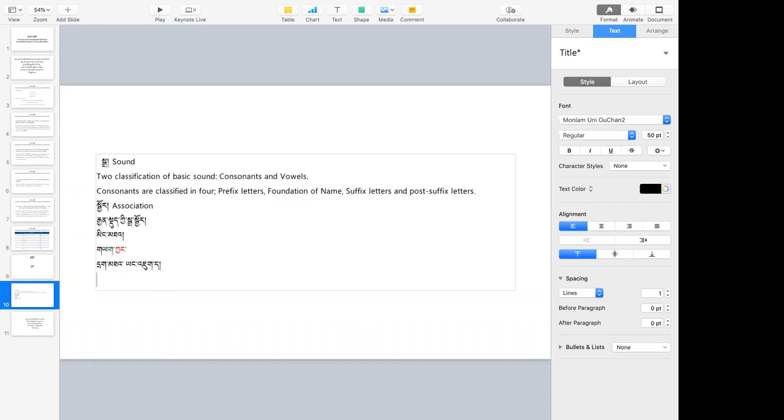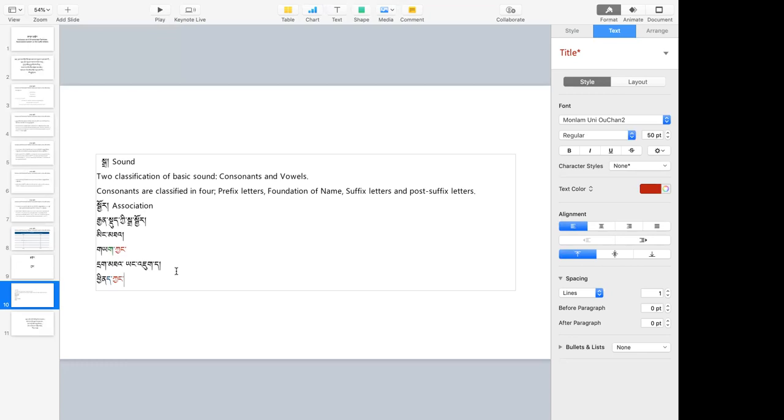So chint kyang. So here we see that we have the post suffix letter ta. Let's highlight this. Therefore, it is followed by the particle kyang. So chint kyang.